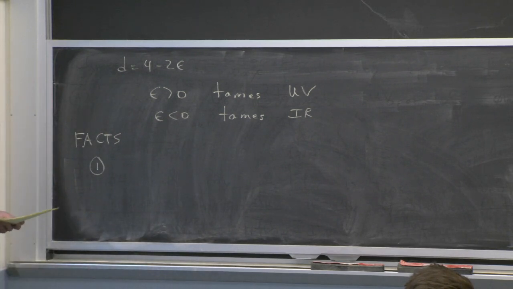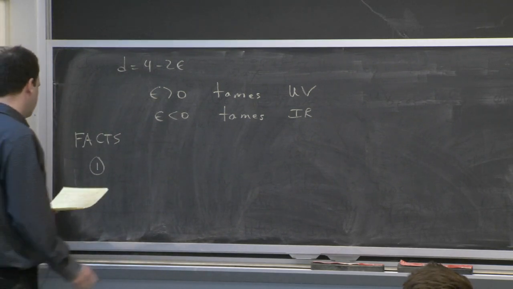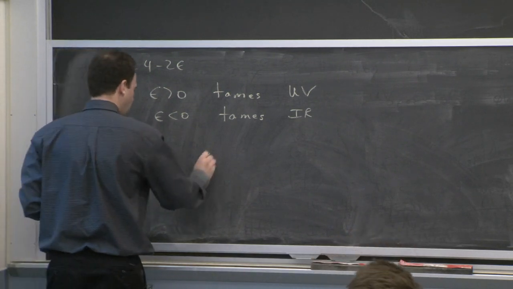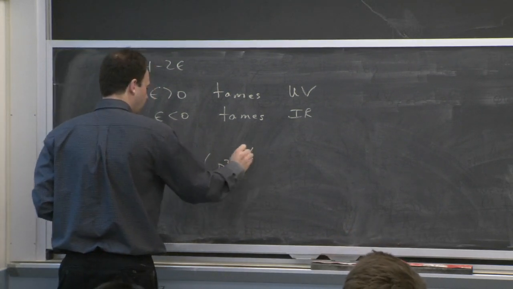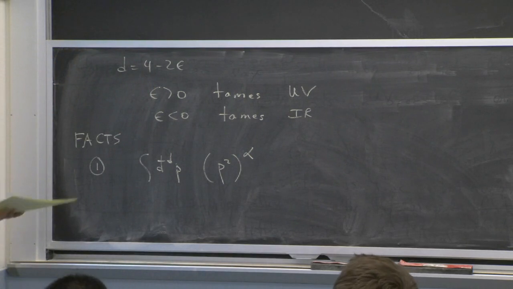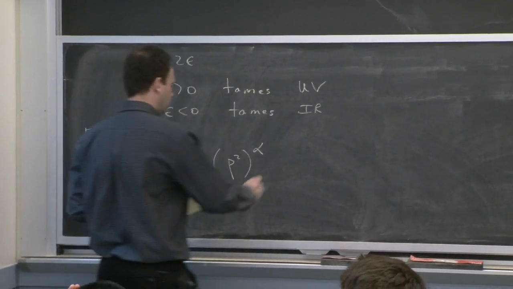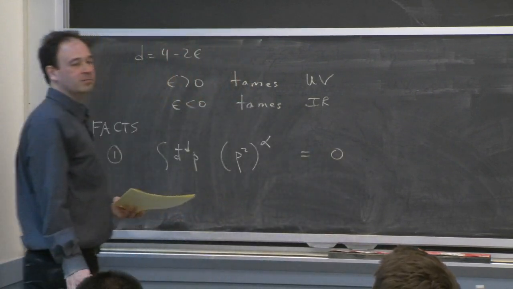There are some counterintuitive facts about dimensional regularization, and I want to mention a couple of them to you. One of them is that if I have p to an arbitrary power, think of it as Euclidean, the integral is 0.